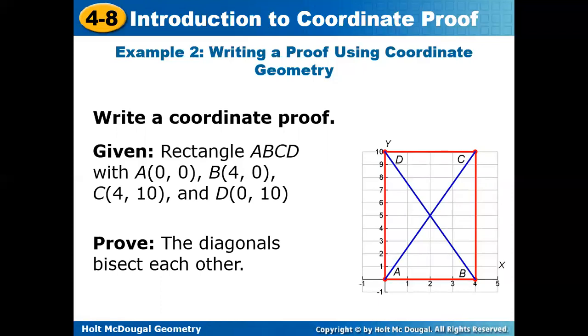So in this question, we can use the midpoint formula to prove that this point is the midpoint of each of the two diagonals. Or also we can use the distance formula, if we know the length of the first diagonal, the length of the second diagonal, and the length of this part and this part and this part and this part.